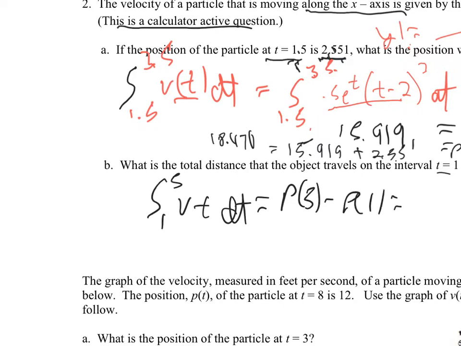The problem is I have no information about p of 1 or p of 5. So I'm going to go right to my calculator. Fortunately, this is still in my calculator. I'm just going to do math 9 again, but change my limits and record the answer. So go ahead, key it in, and see what you get. You really should pause and do it and make sure you can get it yourself.